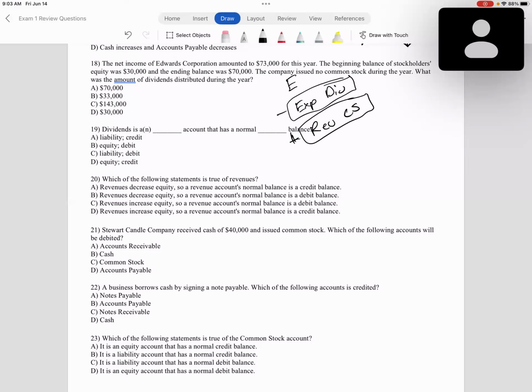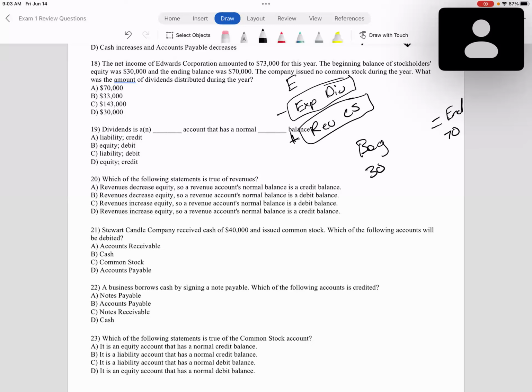Net income is simply revenue minus expenses, so that's already netting that out. That's the first part of it. Beginning balance of stockholders' equity was $30,000. Ending was $70,000, and they didn't issue any common stock. So if we look at this, we have a beginning balance of 30, and then if you put it into an equation, over here ending, and that is 70.